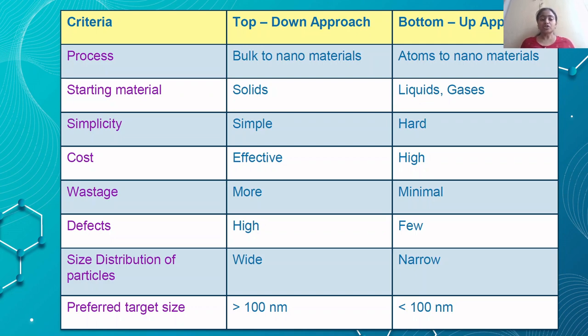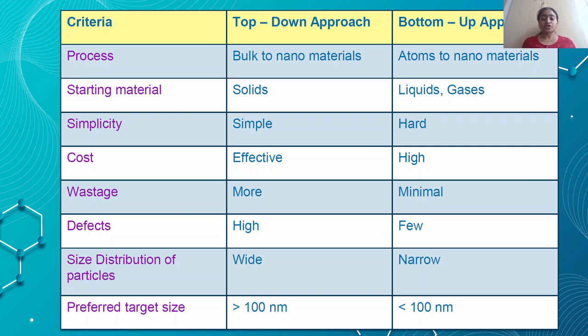In the top-down approach, the starting material is mostly solids and in bottom-up, it is liquids and gases. And the top-down approach is relatively simple, whereas the bottom-up is hard. It involves complex processes. The top-down approach is cost-effective, whereas the cost of the bottom-up approach is usually high.